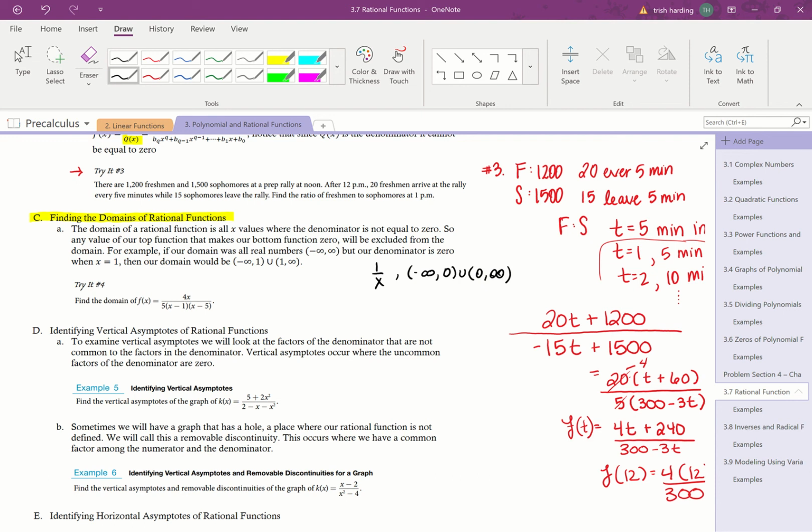So when we look at the domain, we need to first look at the bottom, because we need to look at what x values we absolutely cannot have. So for this one right here, obviously x cannot equal 1 and x cannot equal 5.